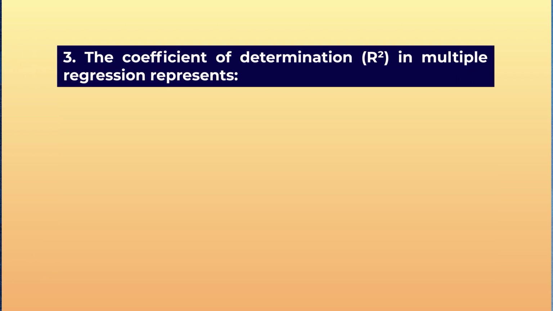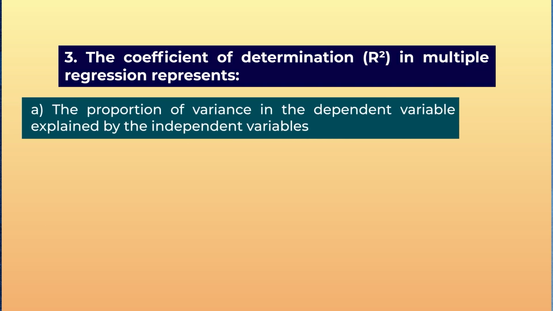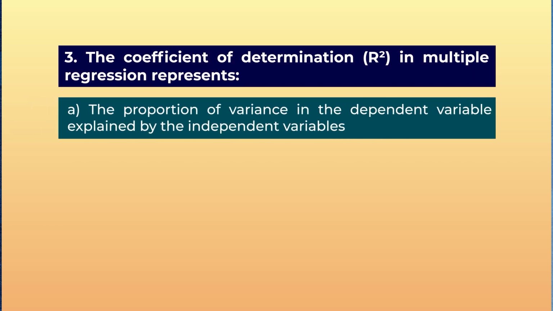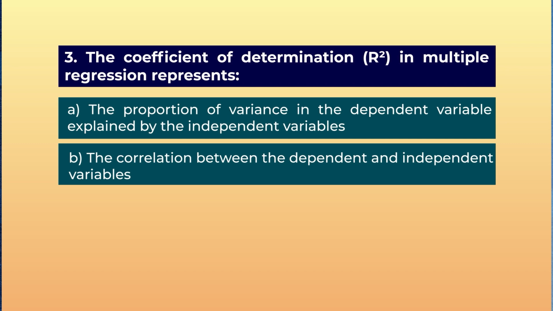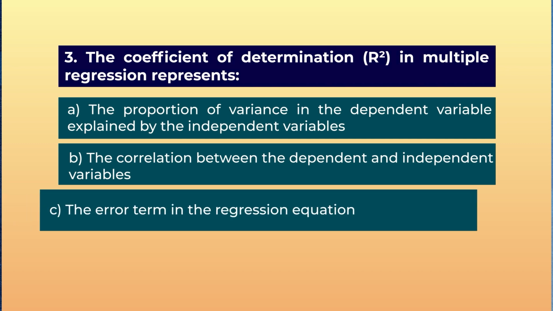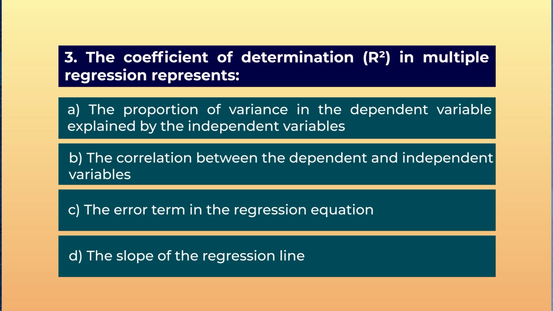Question 3, the coefficient of determination, that means R square, in multiple regression represents: option A, the proportion of variance in the dependent variable explained by the independent variables; B, the correlation between the dependent and independent variables; C, the error terms in the regression equation; D, the slope of the regression line.